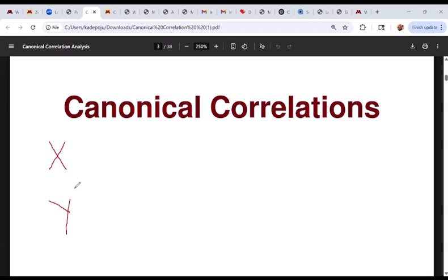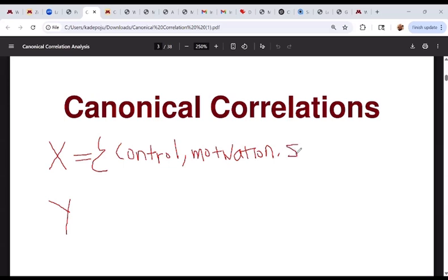Let's say, for instance, I want a psychological measurement. Let's say X includes the locus of control, motivation, and self concept.